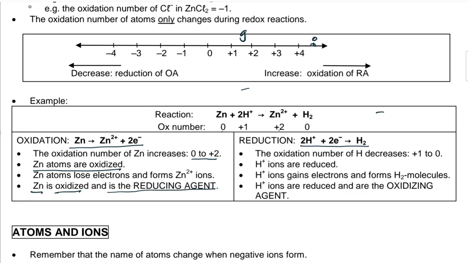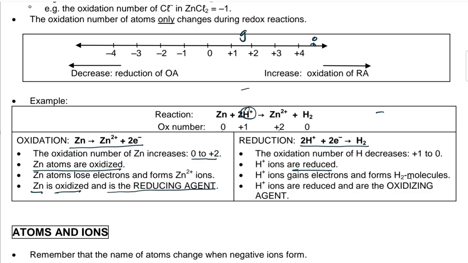So what about the other side? The oxidation number of hydrogen decreases from positive 1 to 0. The hydrogen ions are reduced, from positive 1 to 0. Then the hydrogen ions gain electrons and form hydrogen molecules.